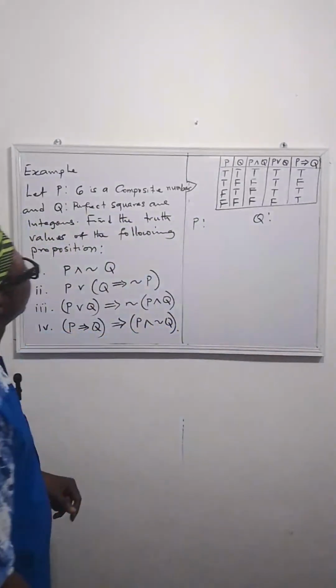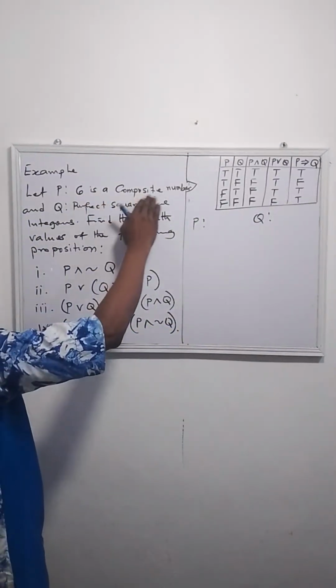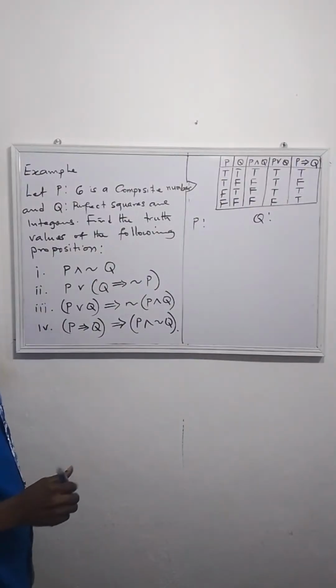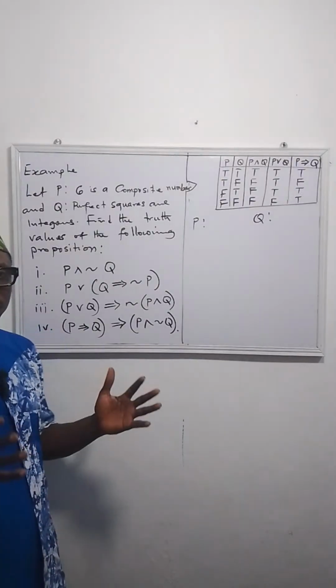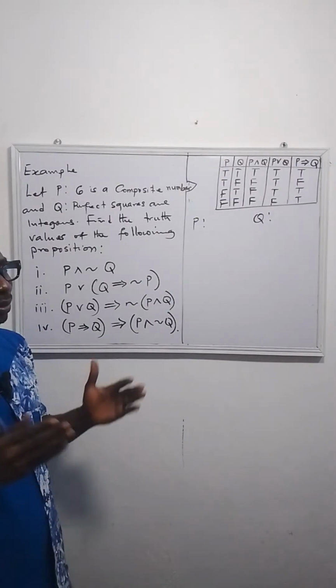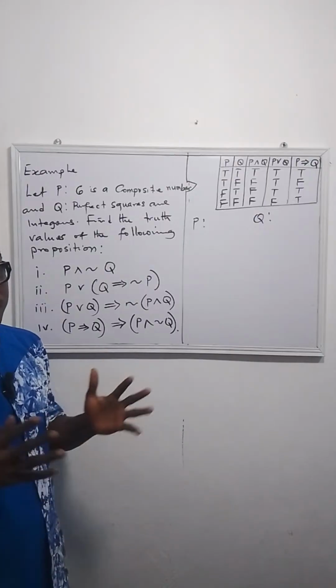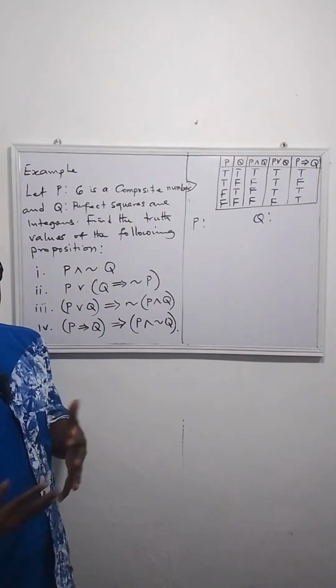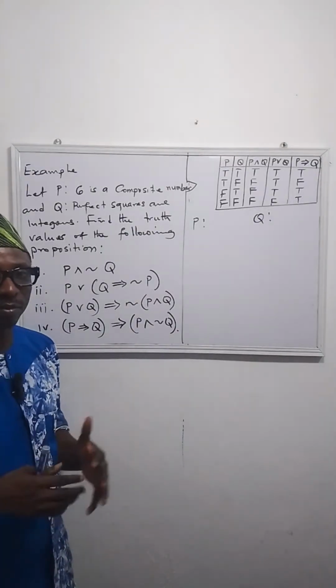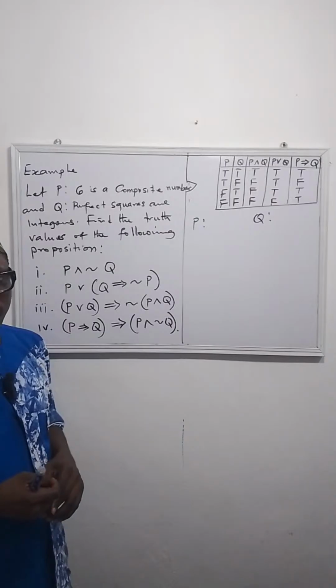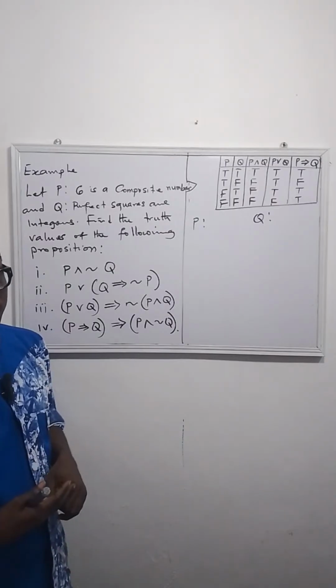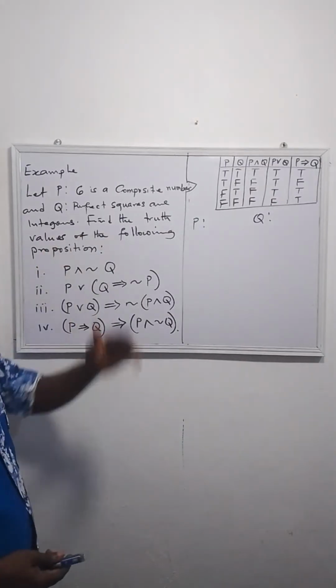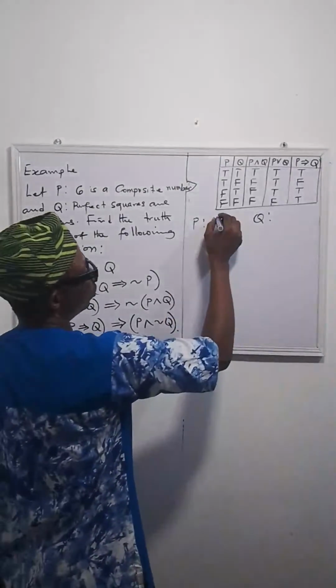All right. Now, 6 is a composite number. Yes, 6 is a composite number because composite numbers are natural numbers that have more than 2 divisors. The least of them is 4. After 4, we have 6. So 6 is a composite number, and that makes this statement true.